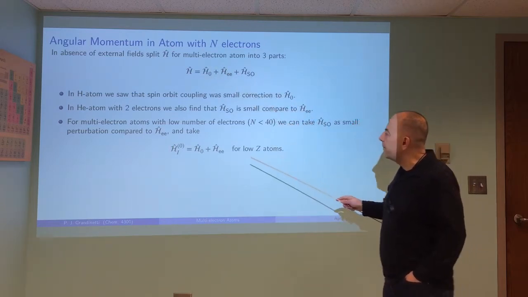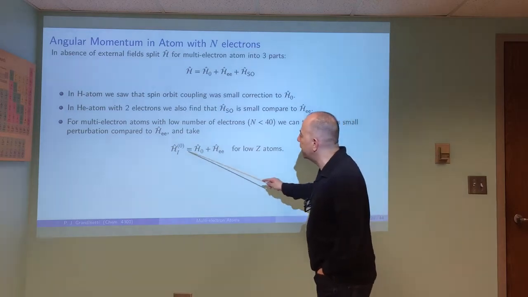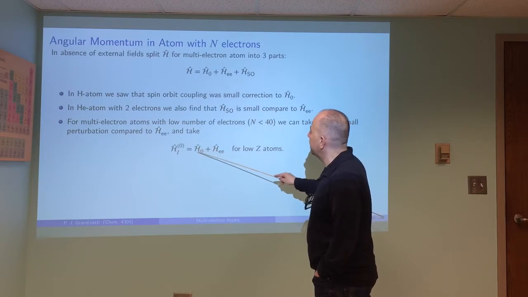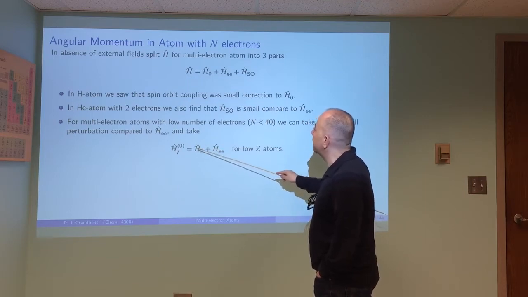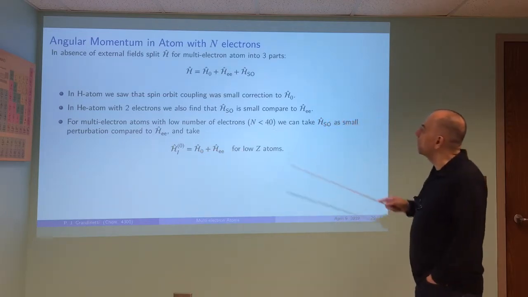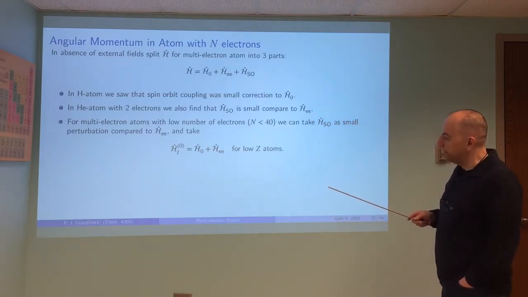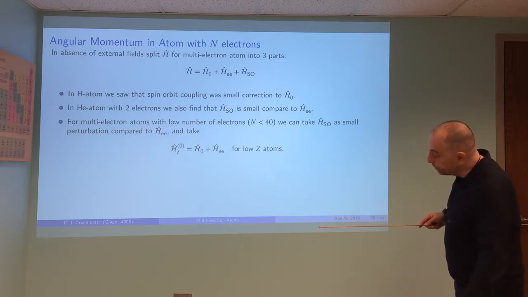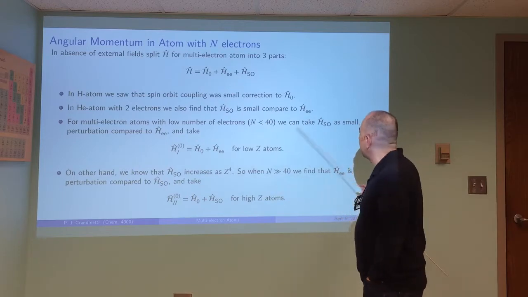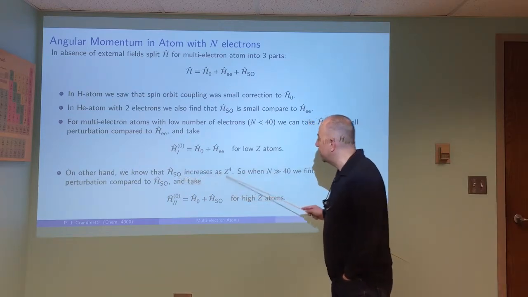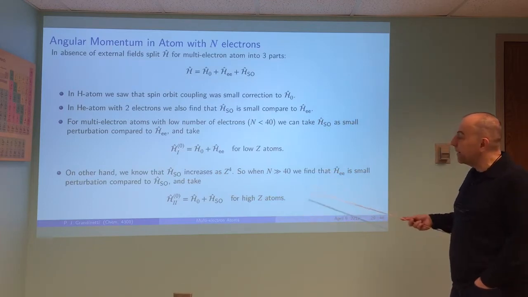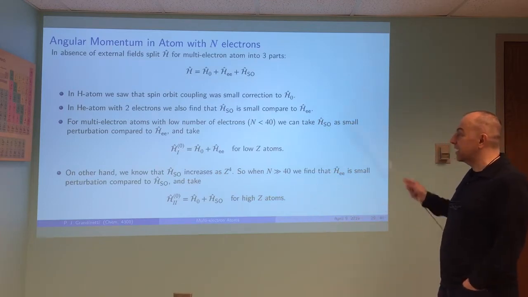So we're going to define our zeroth order Hamiltonian as just H naught, the non-interacting Hamiltonian, plus the repulsion term, for atoms with Z less than 40. Beyond this, if you remember when we derived the spin-orbit coupling, the spin-orbit coupling constant went as Z to the fourth, which means it starts to increase pretty quickly.